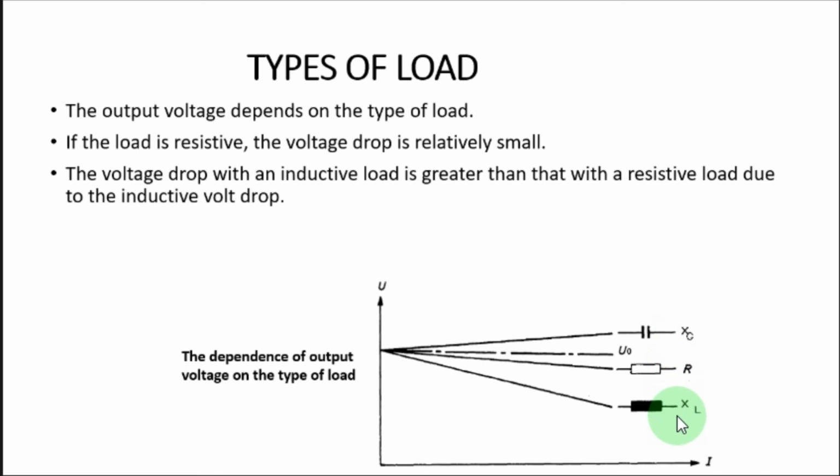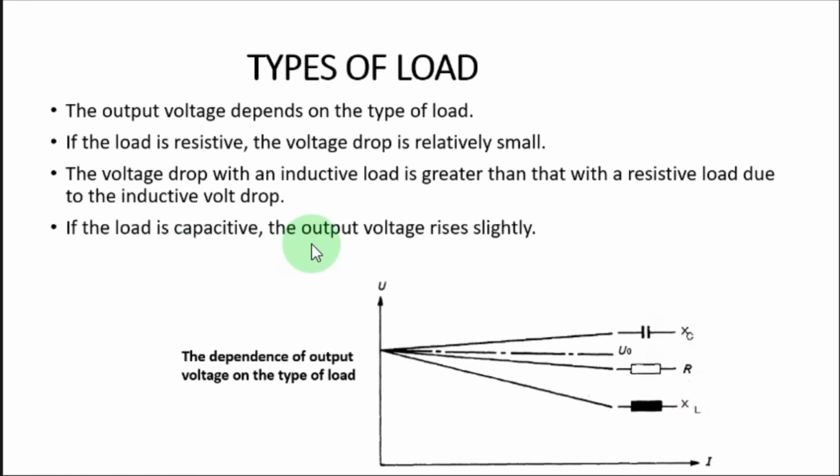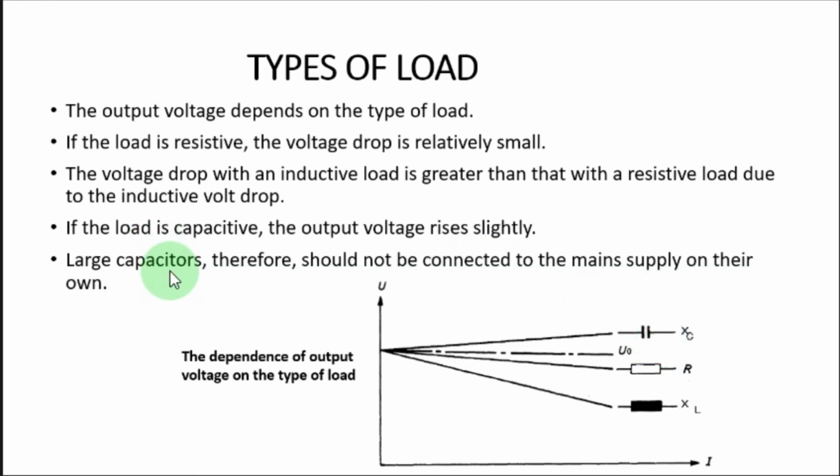So voltage drop is larger for inductive loads, and then for capacitive the output voltage rises slightly. So large capacitors should not be connected to the main supply directly, because it will increase the output voltage of the transformer.